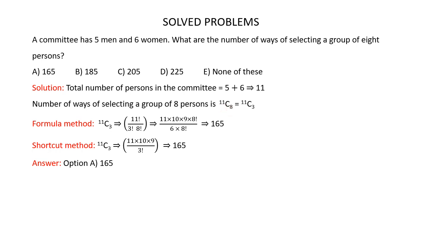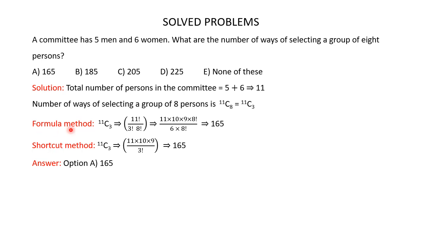Now 11C8 is nothing but 11C(11 minus 8). 11 minus 8 is 3. So 11C8 is equal to 11C3. Now we can find the value of 11C3 either by the formula method or by the shortcut method.